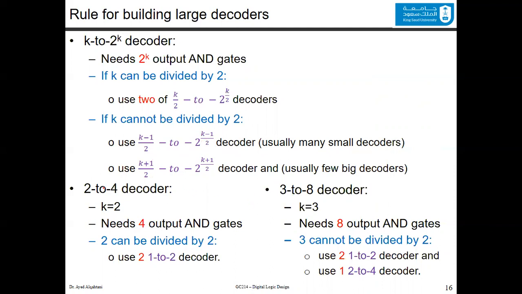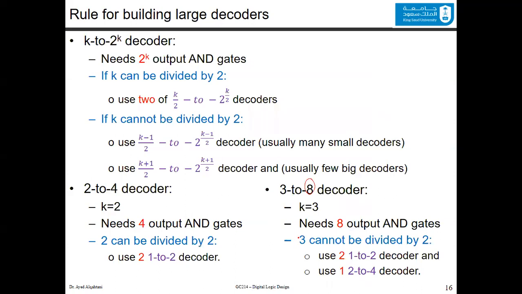As examples, if you remember the 2 to 4 decoder, k is even here, so you will need 4 output AND gates. And since 2 is even, you will use 2 versions of the 1 to 2 decoder. While for the 3 to 8 decoder, since k is equal to 3, you will need 8 output AND gates, which is 2 to the power of 3, equal to 8.